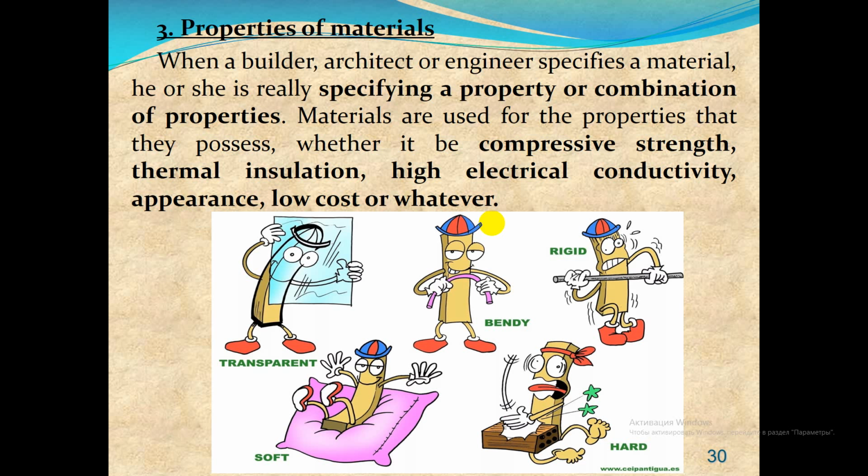So let's start the last part of the first lecture, about properties of materials. When a builder, architect or engineer specifies a material, he or she is really specifying a property or combination of properties.